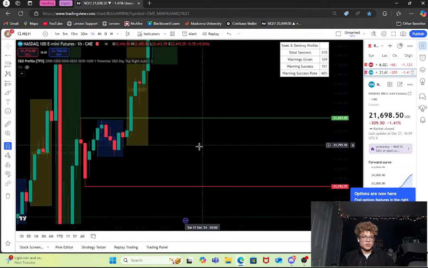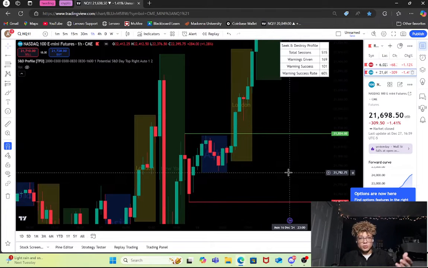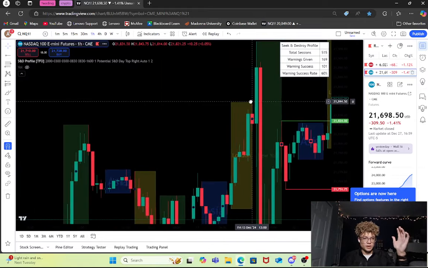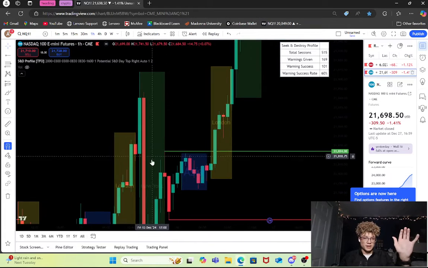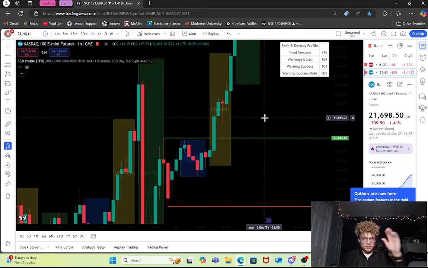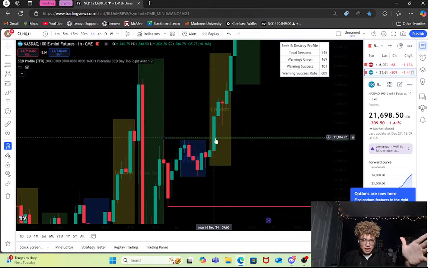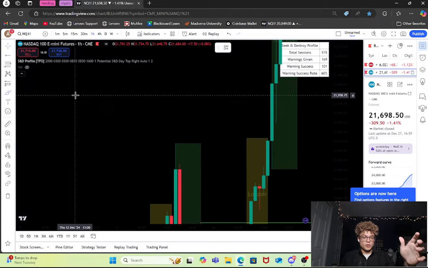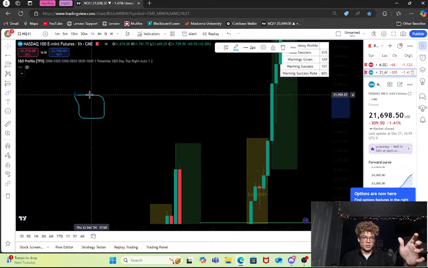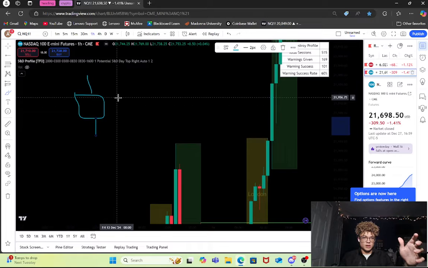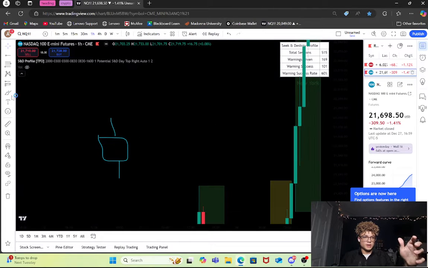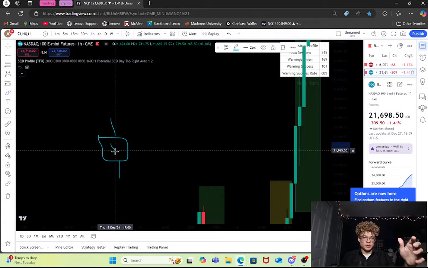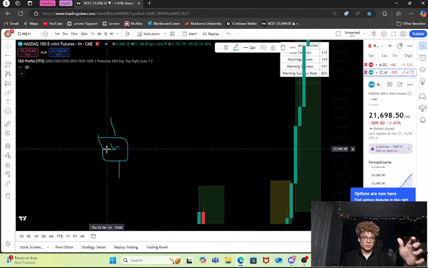Sometimes a high won't even include a wick, right? Sometimes there's not even a wick there, but the majority of the time there is. Like this is a high. But for a break of structure to happen, the candle completely has to close. I'll show a drawing here of an example. So if we have a high right here, and this is an up candle or a down candle, let's say this is a down candle going in that direction.